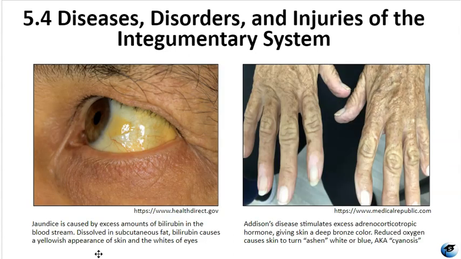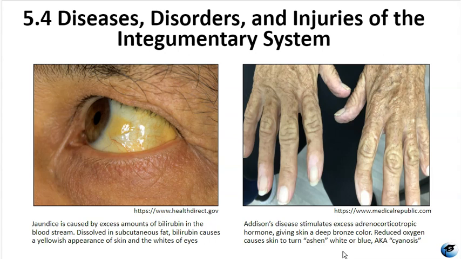Here on the left, we have a figure showing the yellowing in the eyes that occurs with jaundice. Again, jaundice is caused by excess amounts of bilirubin in the bloodstream. Here on the right is an example of Addison's disease.